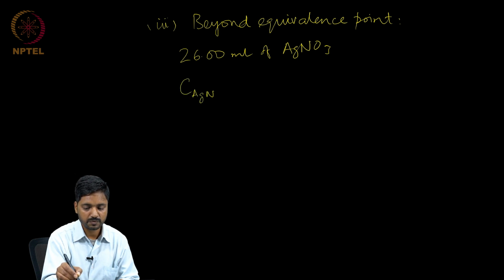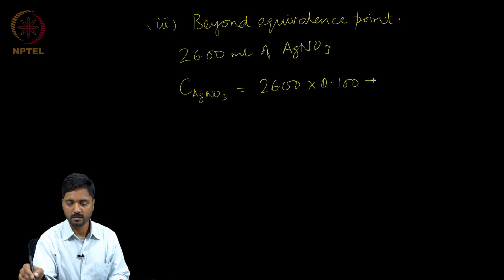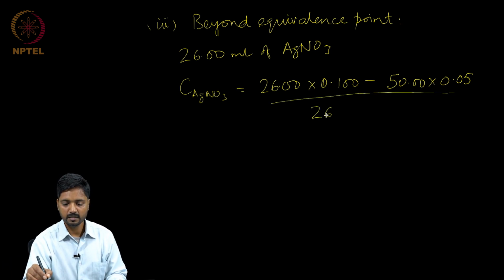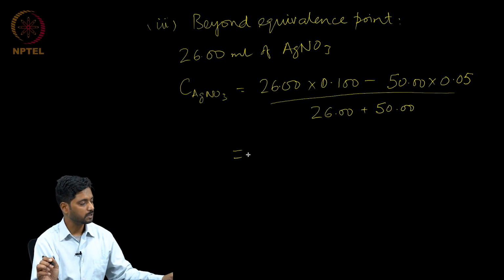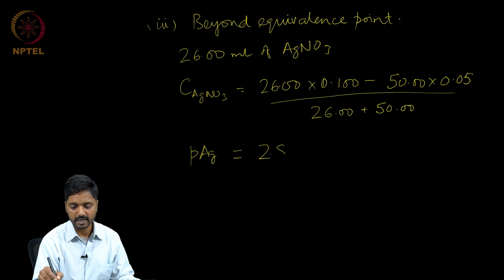That excess can be calculated by the total silver nitrate present in the medium minus the initial chloride ions present in the medium, divided by the total volume of the medium now, and this solves out to a pAg value of 2.88.